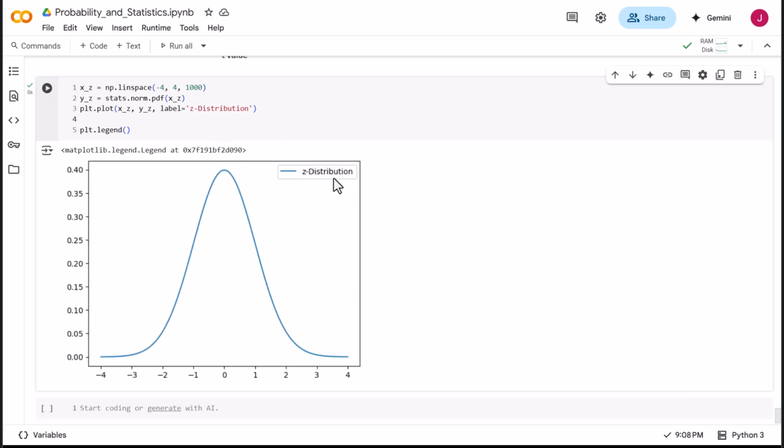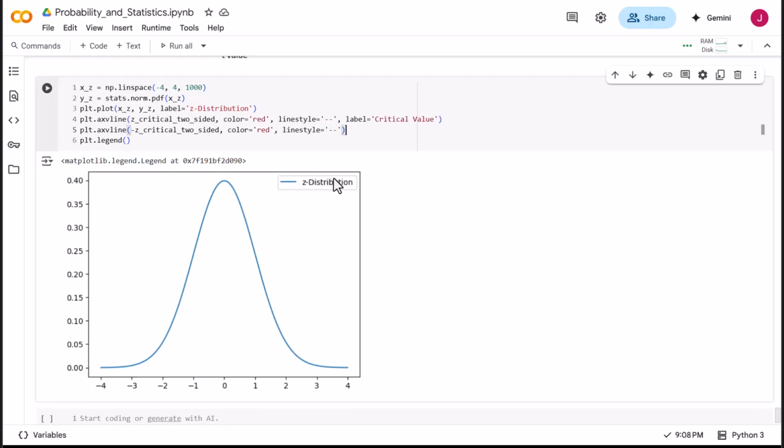Now we're gonna add those vertical lines. So plt.axvline z_critical two-sided, color is equal to red, linestyle, and this one we can label as, for example, z plus minus critical values. Then the next one is for minus z critical, and the same line style is okay.